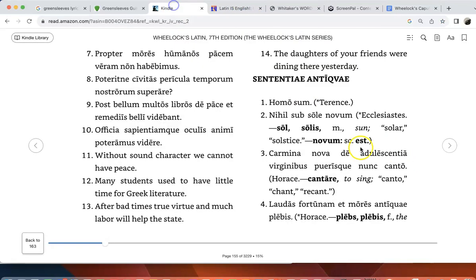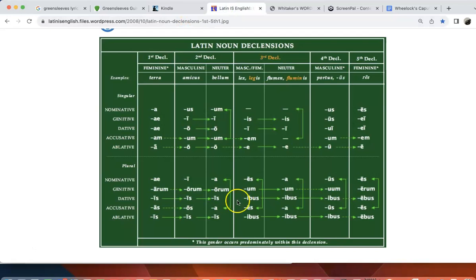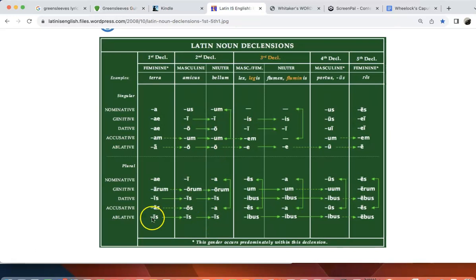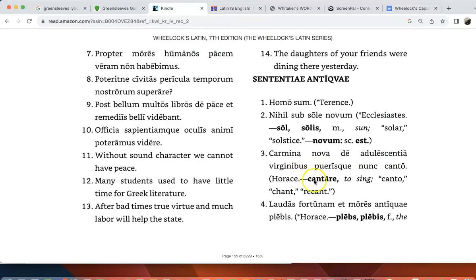There it is, a with the macron. Here we have ibus, so that is third declension ablative plural. So there it is, ibus right there. But then we have is, which is second declension ablative plural. There's is. Now, why is that? Well, because we have three different nouns of different declensions. And so that sort of explains it.